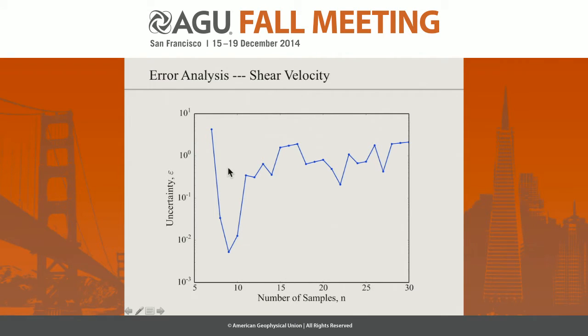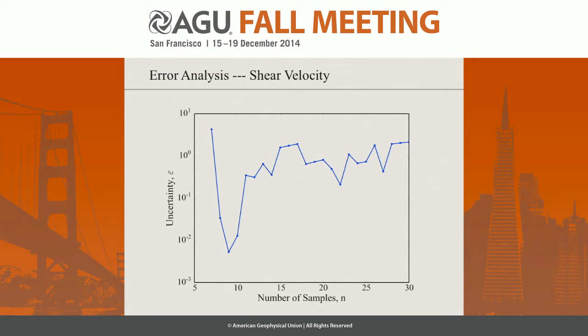We also found some interesting things while doing the error analysis. This figure here shows the relationship between the number of samples we input to the inversion model and the uncertainty of the model result.